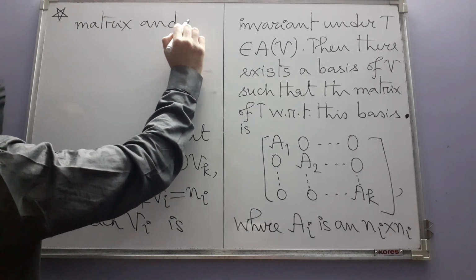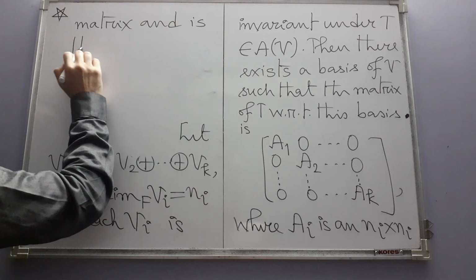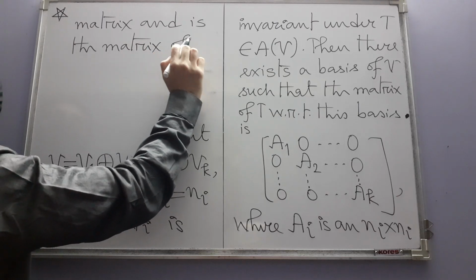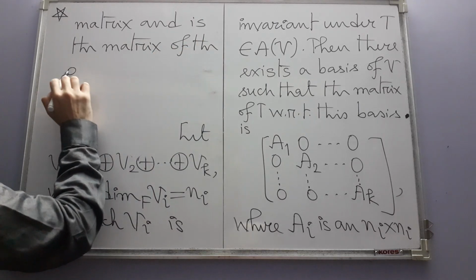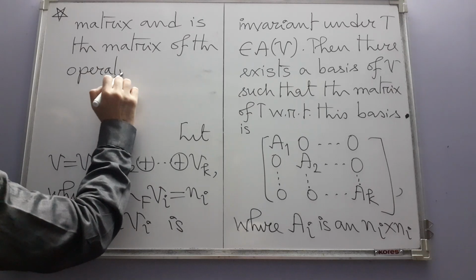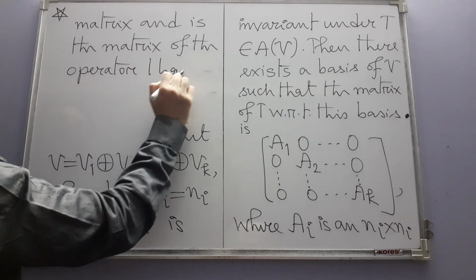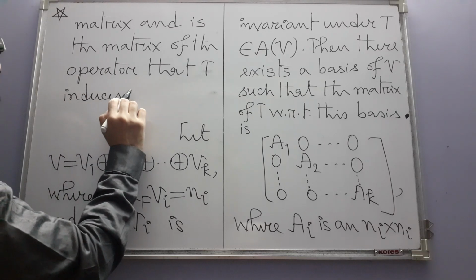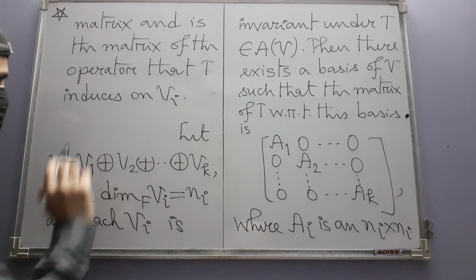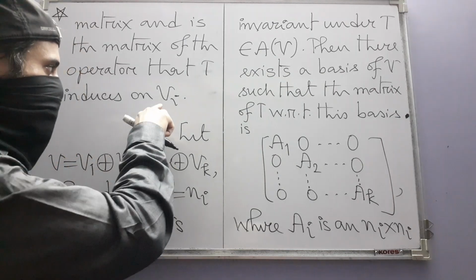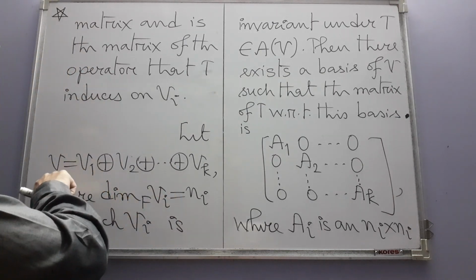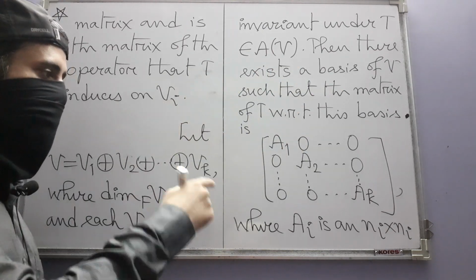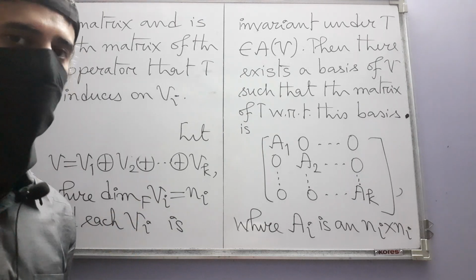And it is in fact the matrix of the operator that T induces on the subspace Vi. The original linear operator T is a function from V to V. If you restrict that to Vi, then it becomes the restriction with new domain Vi.